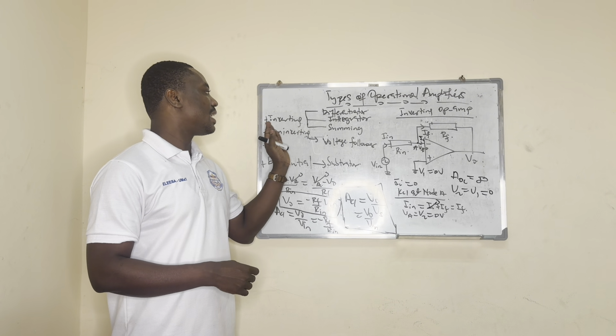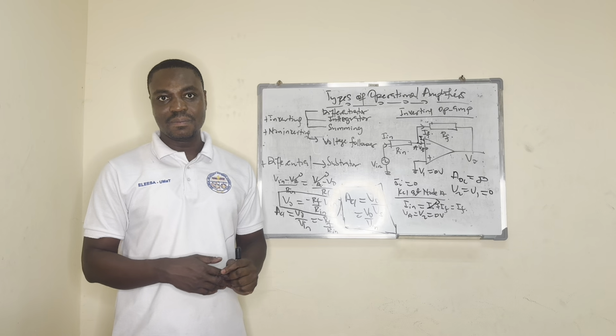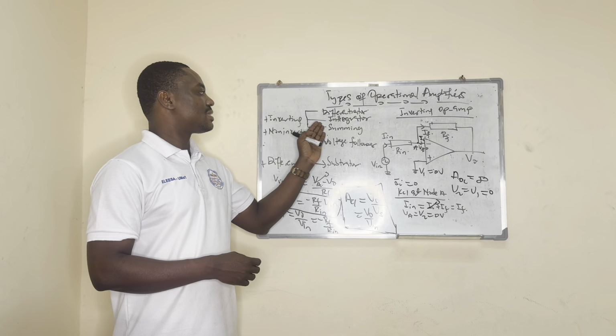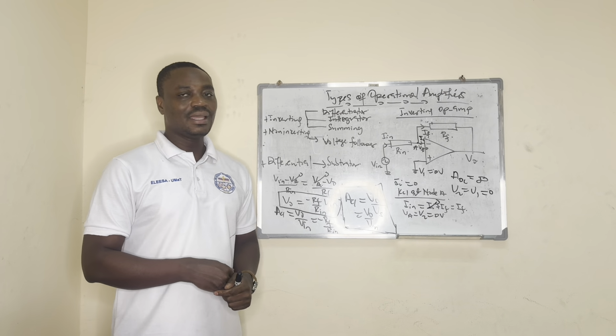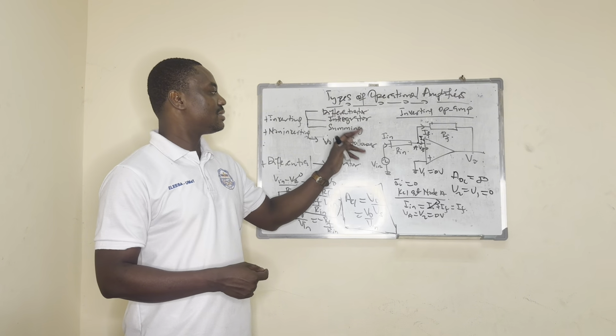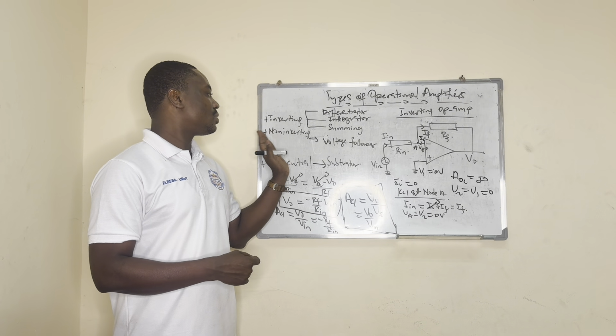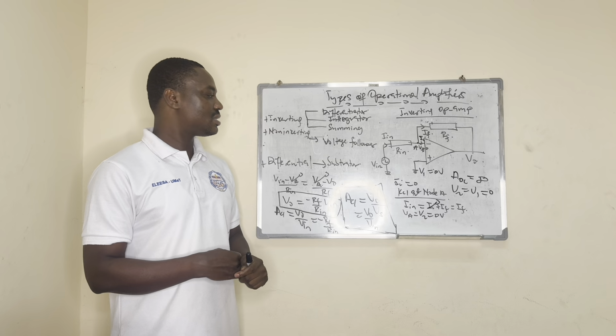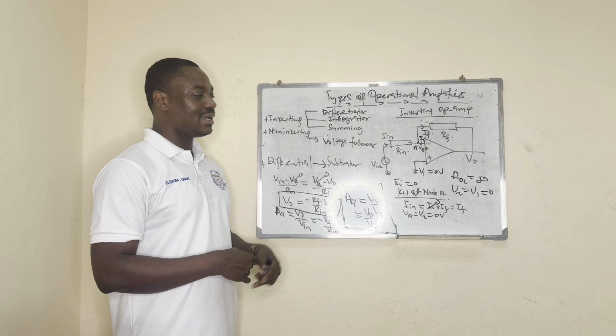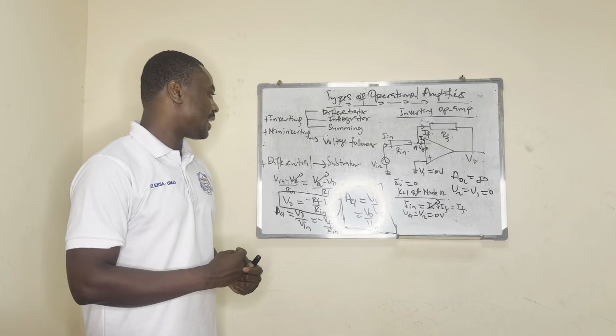When it comes to the inverting operational amplifier, for example, out of that you can get a differentiator, integrator, and summing operational amplifier. Then we also have another operational amplifier, which is regarded as a non-inverting operational amplifier.